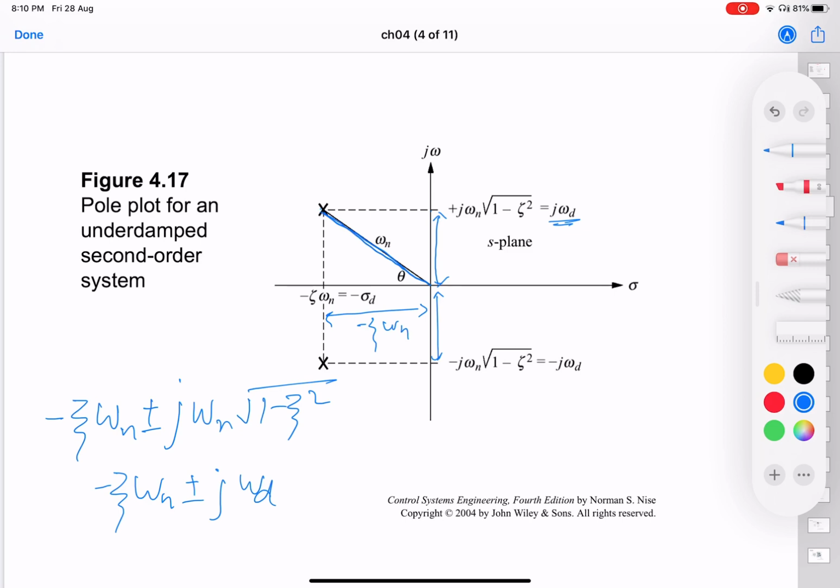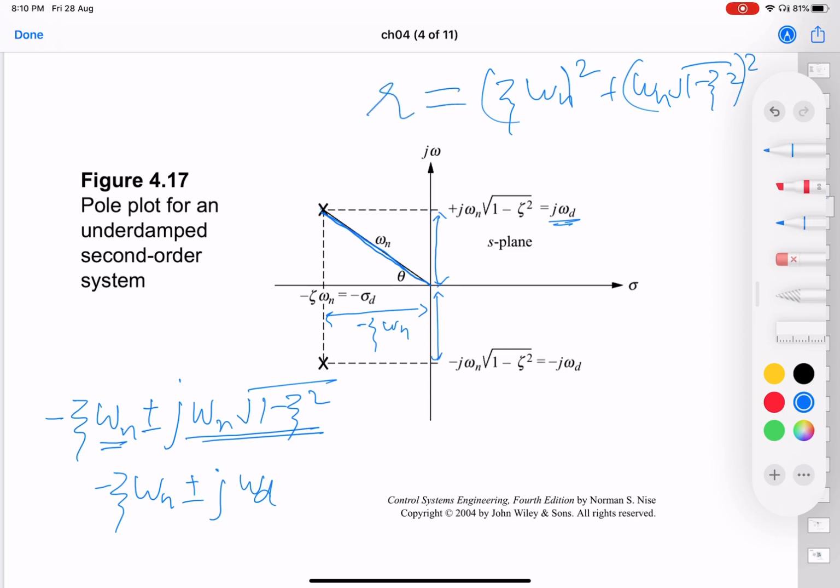You can find that out by squaring the real part and the imaginary part and adding them up: zeta omega n whole square plus omega n under root of 1 minus zeta whole square, which is the amplitude, the r of the complex number in polar coordinates r theta.